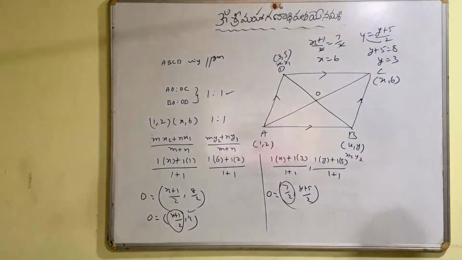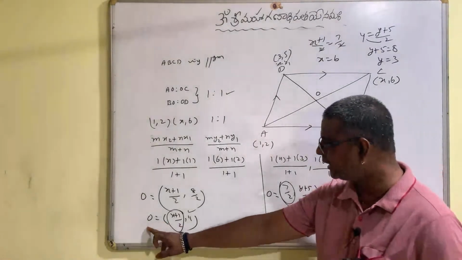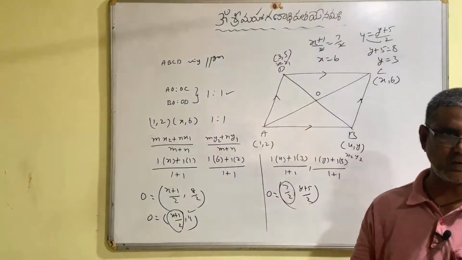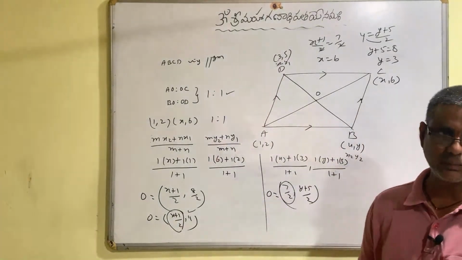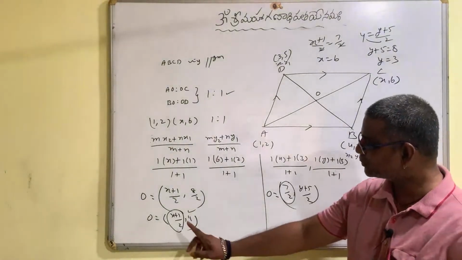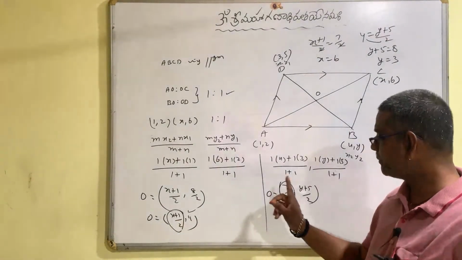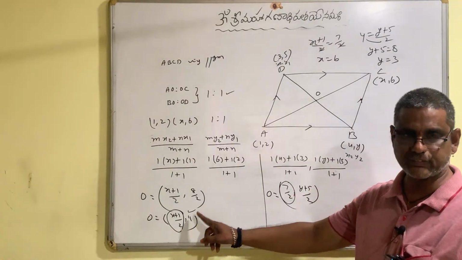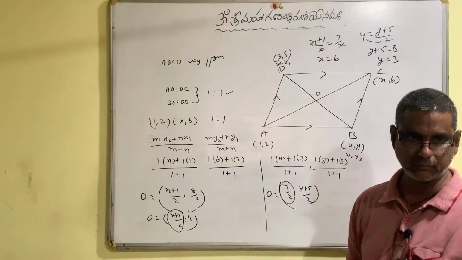Will they be the same? No. One point in a plane will have only one position. But here, for O we got two different positions. That means they are not different positions, they are the same. So the x coordinate of this one is the same as the x coordinate of this one, and the y coordinate of this one is equal to the y coordinate of the second one.